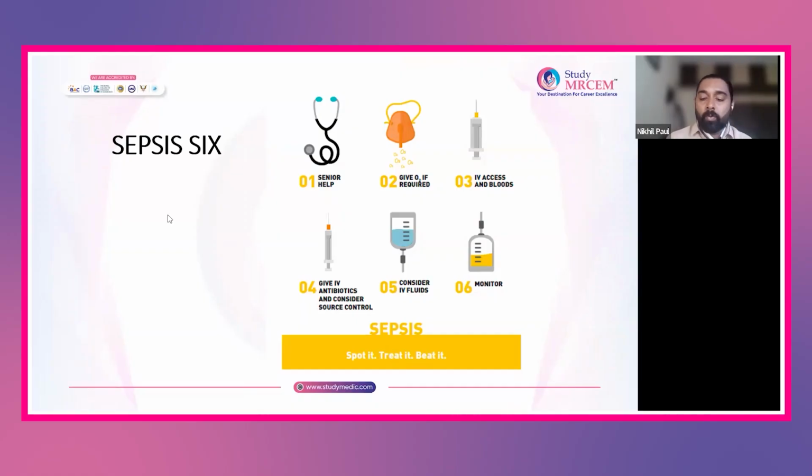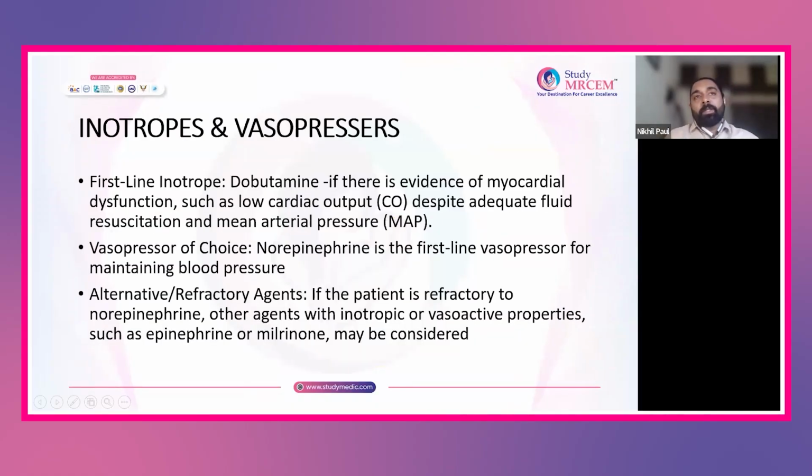So that's the motto. Now coming to septic shock, as we have discussed, septic shock is a subset of sepsis and it causes major circulatory and metabolic abnormalities. Our target will be to keep the MAP above 70 or above 65. So here we'll have to start off inotropes and vasopressors.